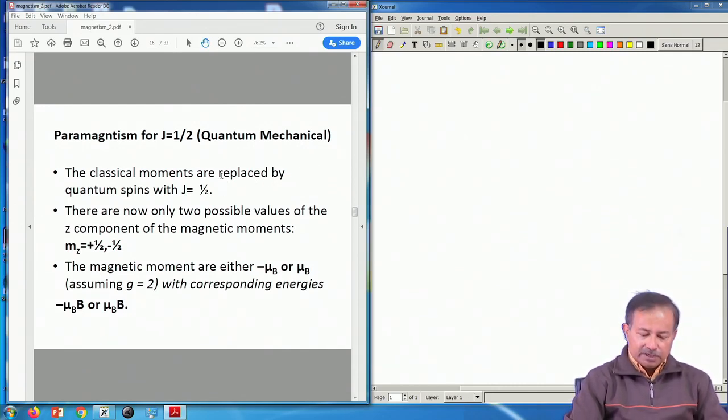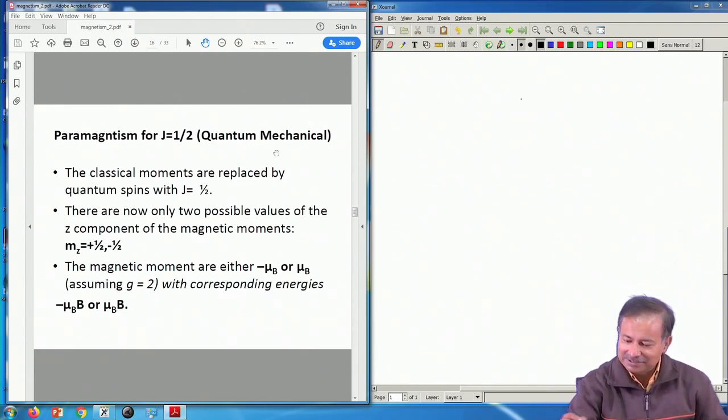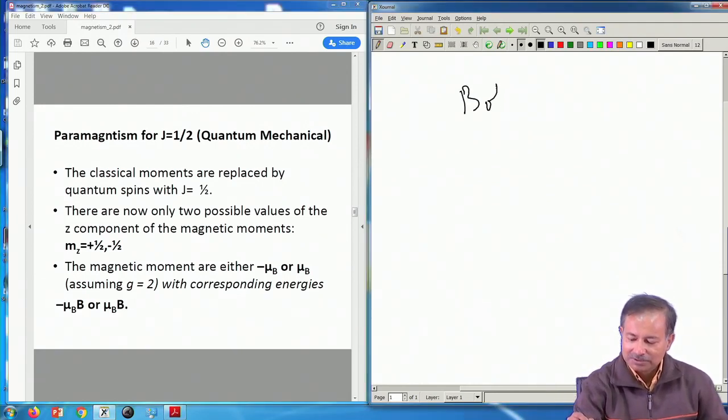In many books you will find a classical treatment of this thing, and that classical treatment, as we said in the beginning, has its own hazards. Bohr, remember again I mentioned Bohr, van Leeuwen.